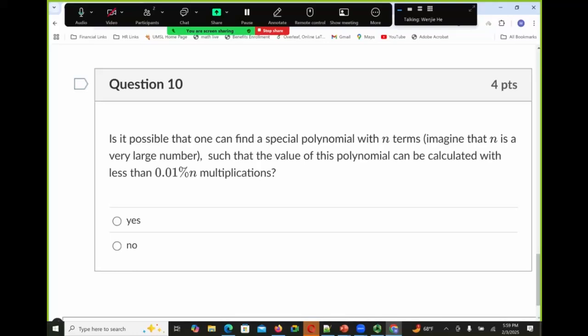Is it possible that one can find a special polynomial with n terms, imagine that n is a very large number, such that the value of this polynomial can be calculated with less than 0.01% of n multiplications?